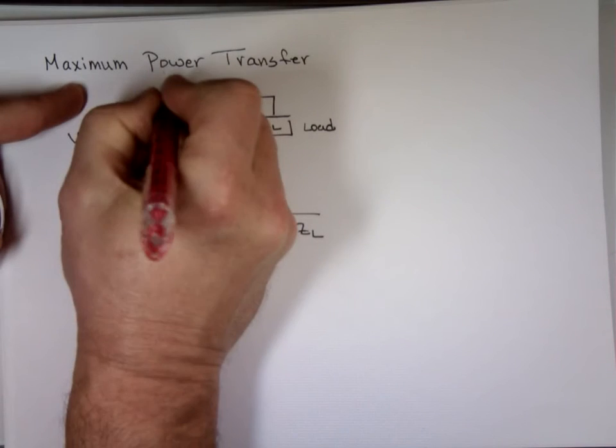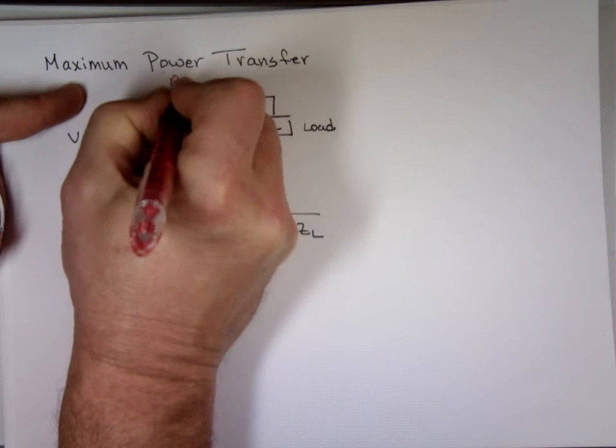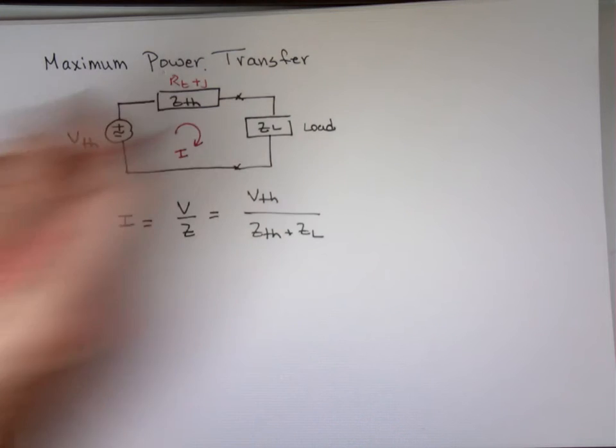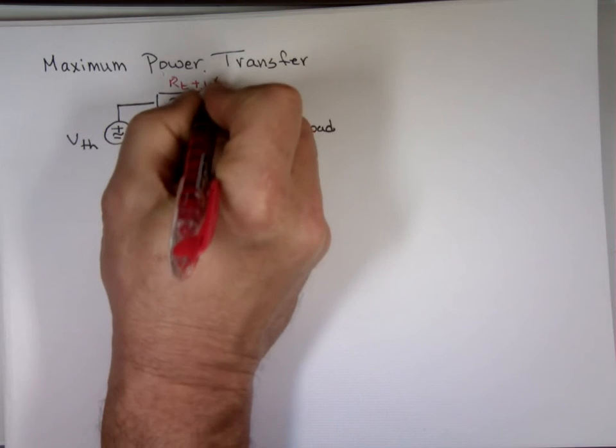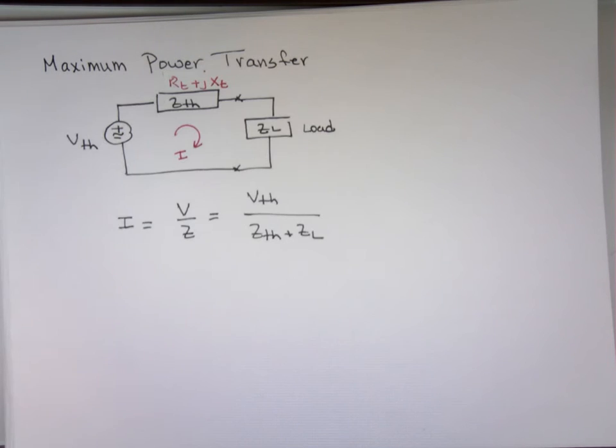So let's call it RT plus some imaginary value, and we'll call the imaginary value, I don't know, X. A real portion plus imaginary.